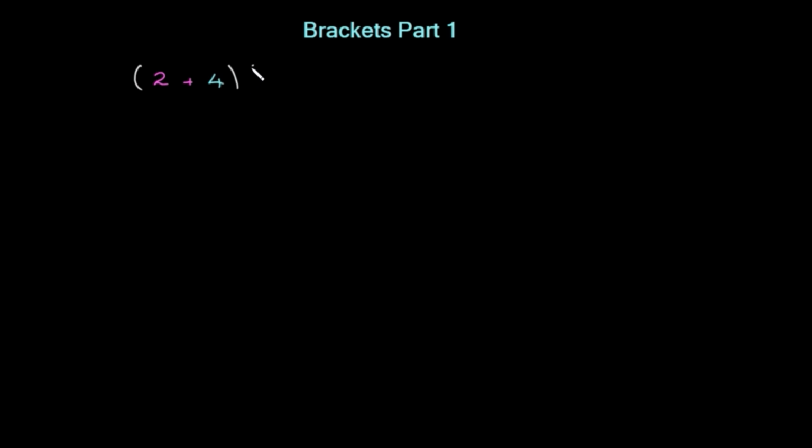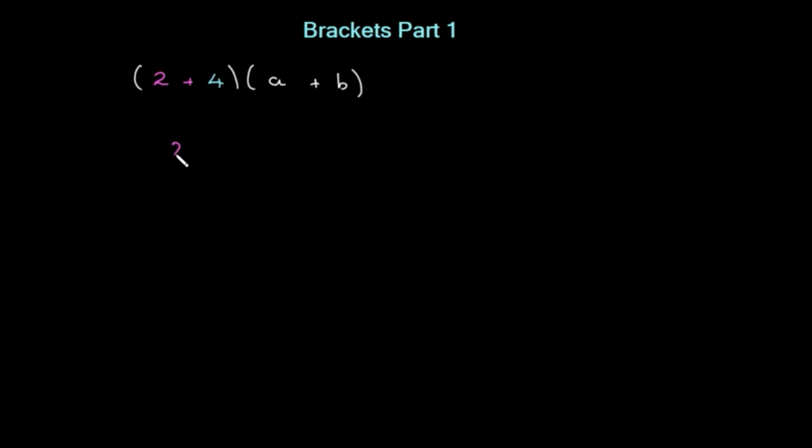Suppose we were to do this. What we do here, this lot multiplies everything that's in that lot. But we have to split this. So what we do is, first of all, we look at the 2.